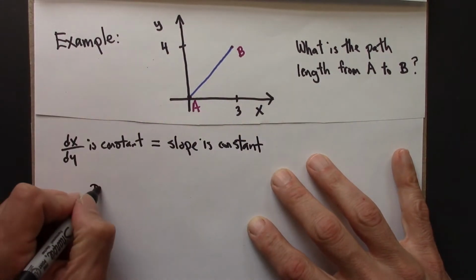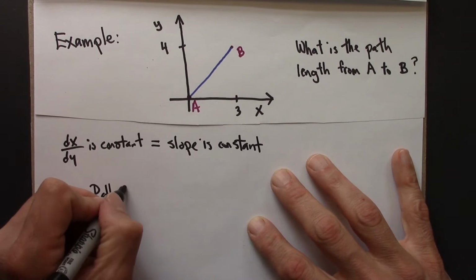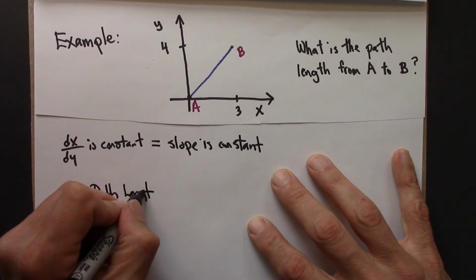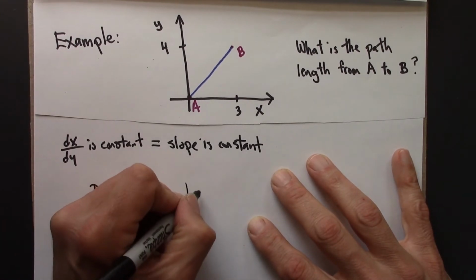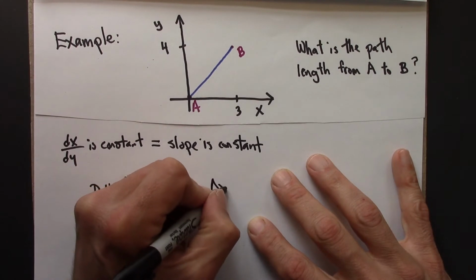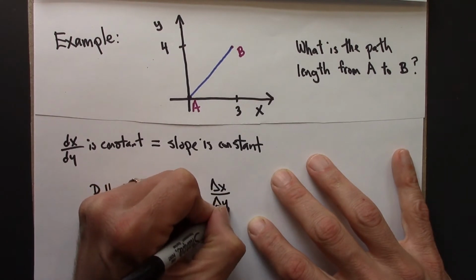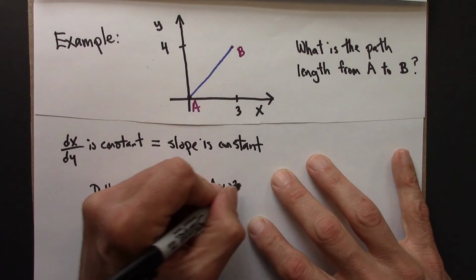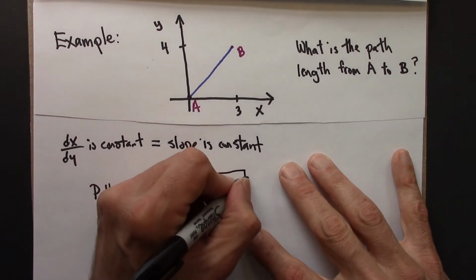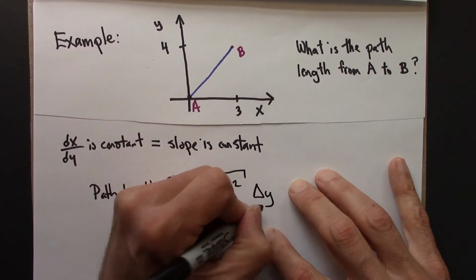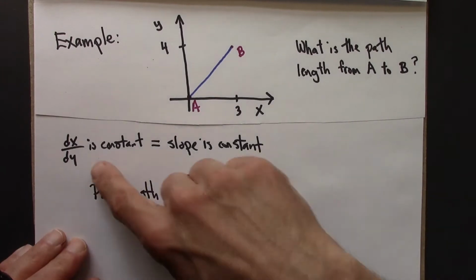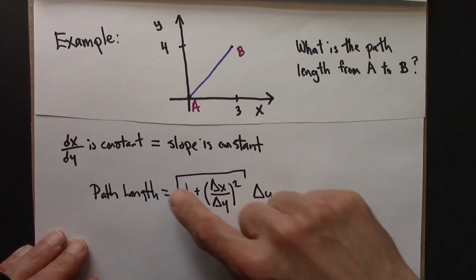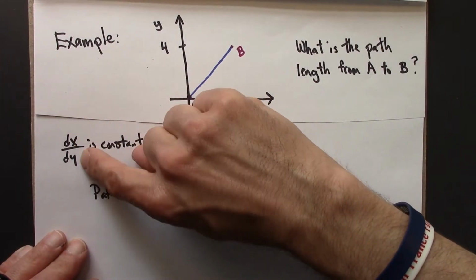So then, the path length, in this case, is the square root of 1 plus delta x over delta y squared, times delta y. So since things are constant, I don't need to think about breaking things up into tiny little steps.